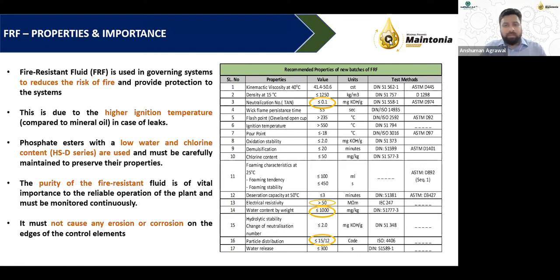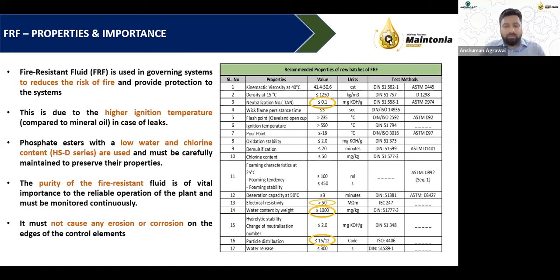So for example, let's go from bottom to top. The first parameter is the particle distribution, which, as the name suggests, means how many solid particles are there in the fluid. We have the classification code ISO 4406, which can be used for that. The standard values recommended by most of the fluid suppliers and OEMs are around 15/12 or less.